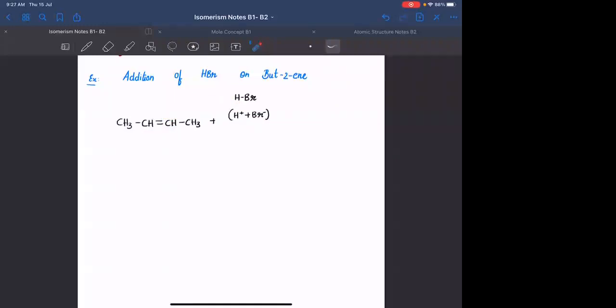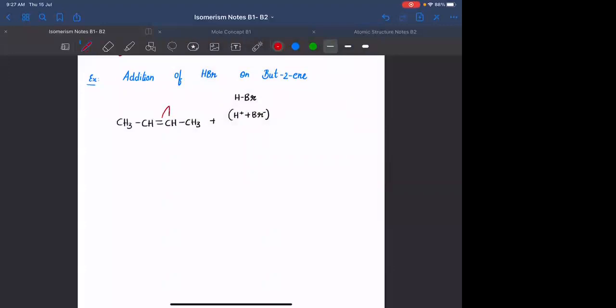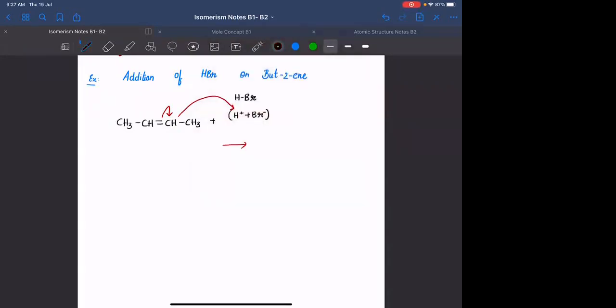Whenever H positive approaches, what will happen? The pi bond will be polarized onto one of the carbon atoms. In this case, as the molecule is symmetrical, आप किसी के भी ऊपर polarize करो फर्क नहीं पड़ेगा. Okay. Then this particular negative charge will be attacking the positive charge, H positive, which will result in the formation of, what will you get?